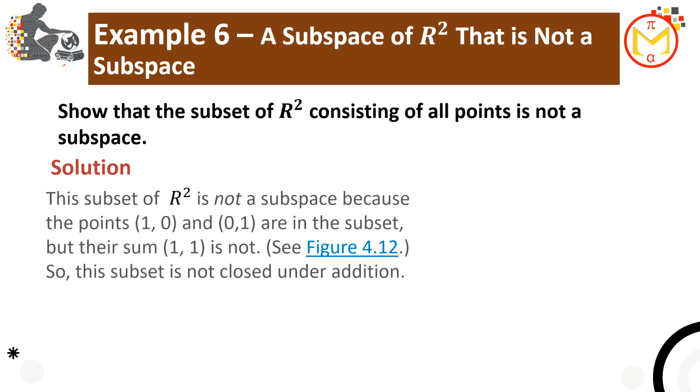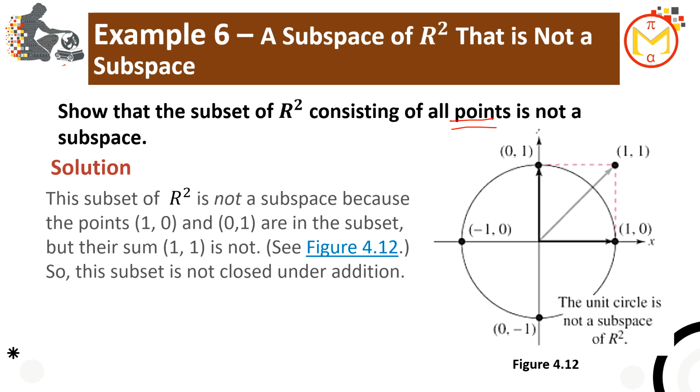Show that the subset of R squared consisting of all points is not a subspace.